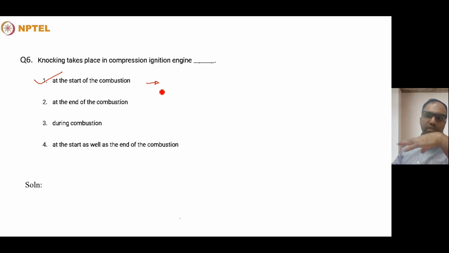At a higher temperature and pressure, the far away air fuel mixture gets pre-ignited before the flame reaches it. But in the case of the CI engine, the compression ignition engine, the knocking occurs at the start of the combustion.